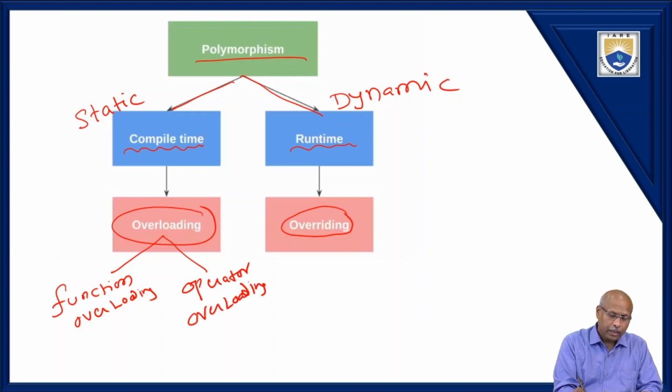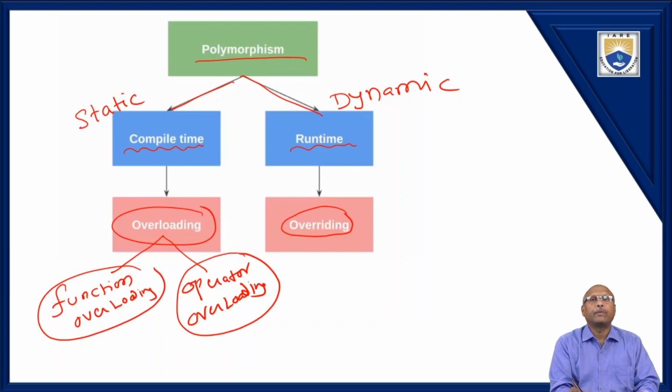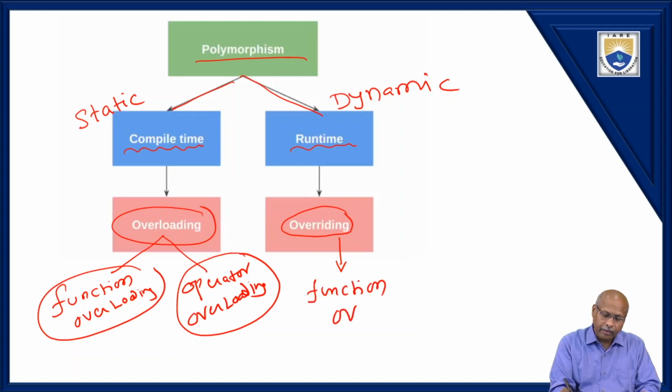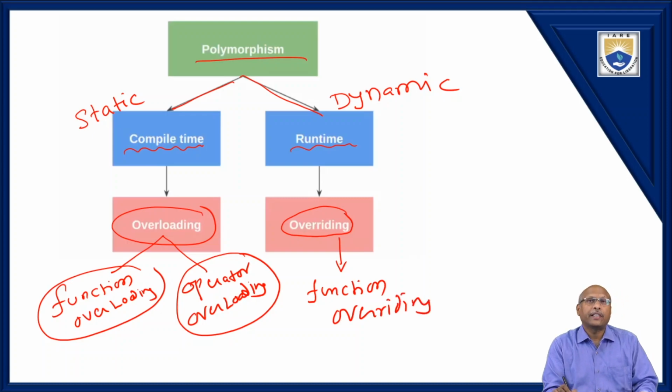These two come under your overloading concept. Remember, function overloading and operator overloading are two important concepts, and both come under static polymorphism. Similarly, overriding is implemented through function overriding.